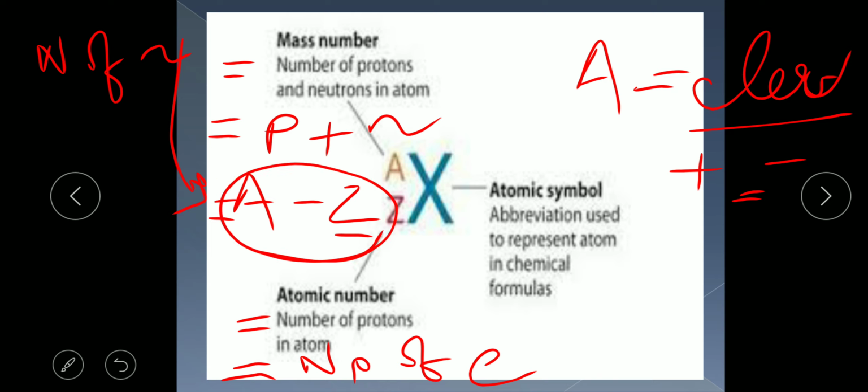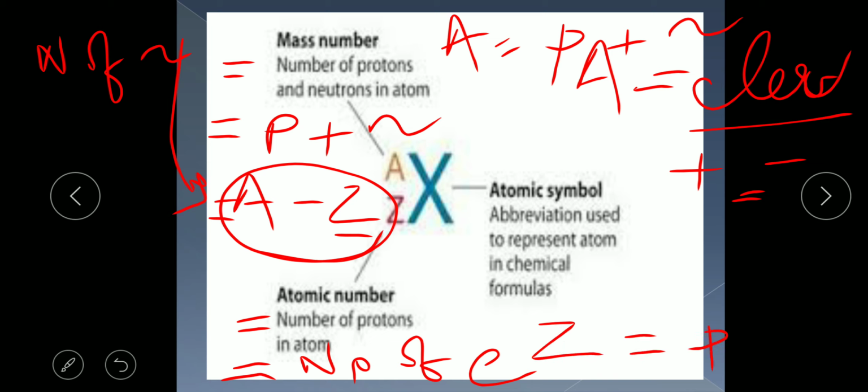Mass number, that is A, is equal to P, the number of protons, plus the number of neutrons. And atomic number, that is Z, is equal to the number of protons or the number of electrons.